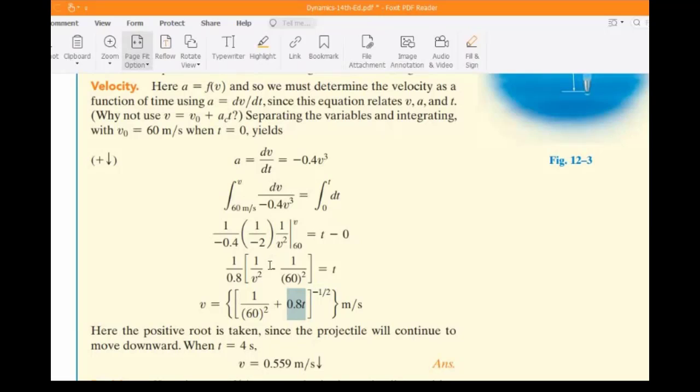And this one has a minus here, so it will go across and become positive, plus this one. So we have 1 by v square. So what will you do? You reverse it, root over, so it becomes minus half. Up to here is fine.